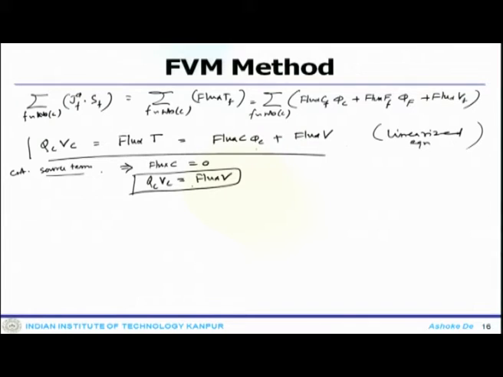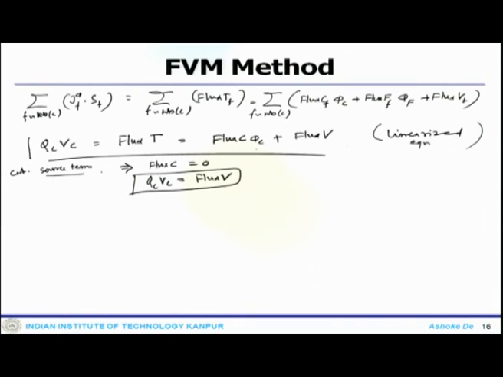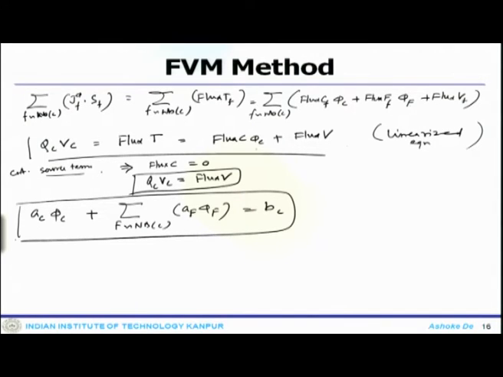Now, if you substitute everything back in this particular equation, you get phi C AC plus the summation of this integration AF phi F equals BC. So, essentially this expression and this expression, if you collect them together, you get this.